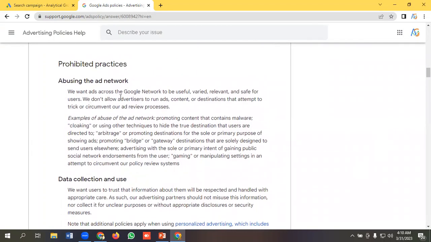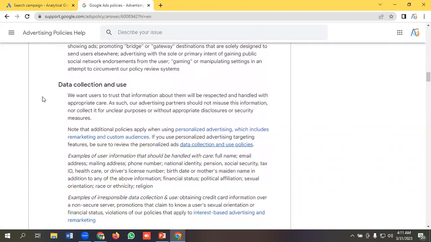We want ads across the Google network to be useful, varied, relevant, and safe for users. We don't allow advertisers to run ads, content, or destinations that attempt to trick or circumvent our ad review process. Okay. Then the second option is data collection and use.